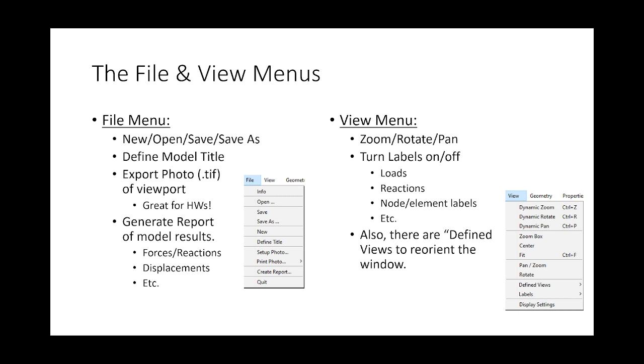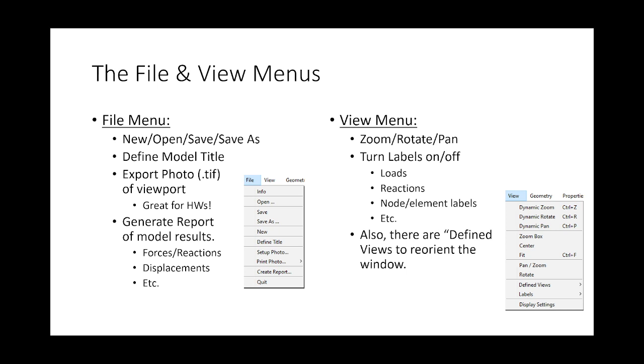Now, a couple things. So if you look up top, the first two menus are File and View. Okay, does everybody see that? So the File menu, obvious stuff, but there's a couple things in here that are pretty valuable. There's this thing called Print Photo. That's actually really cool when you're doing homework assignments or projects, because you can have it export the view screen into a TIFF file, which is basically like a JPEG.